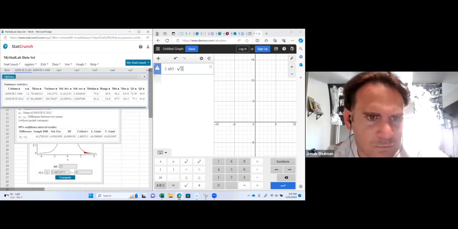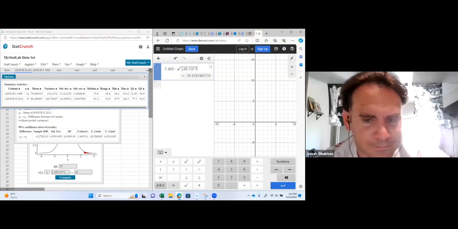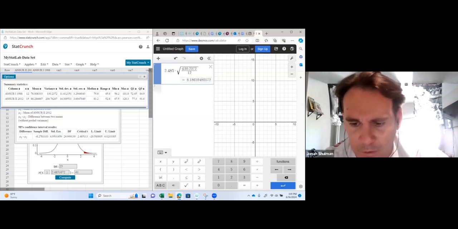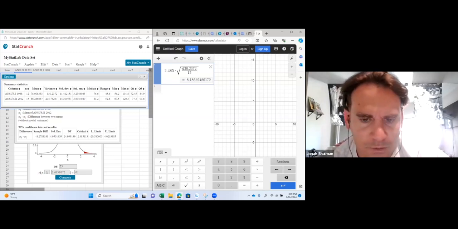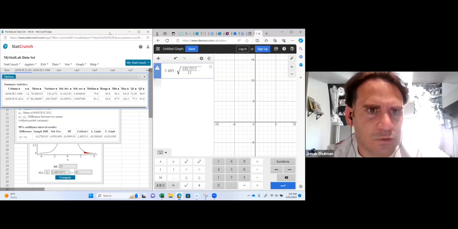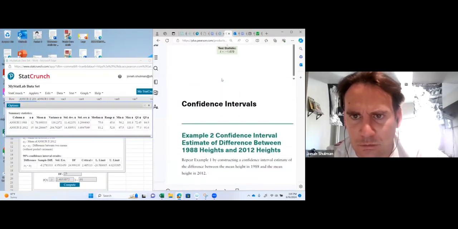So the variance of the first one is 130.2372 divided by 12. And all I have to do is multiply this. I believe it's multiply and not add, but we're going to find that out in a second.